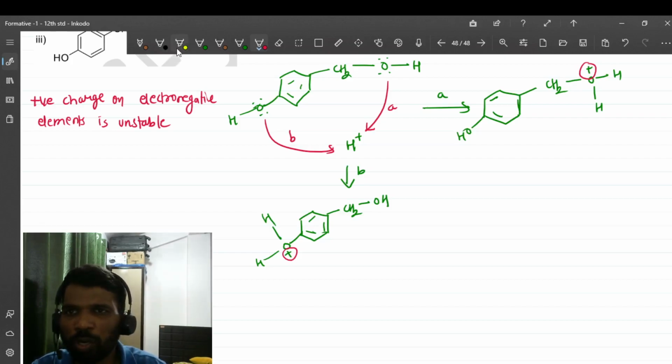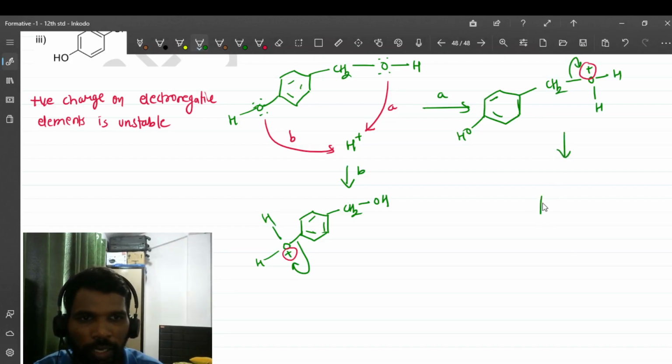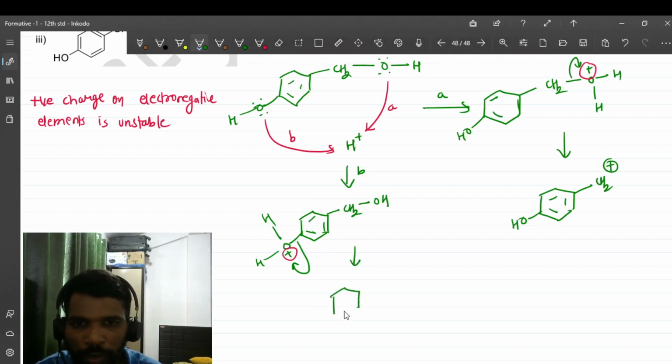So the bond should be broken, right? So which bond? Let's say if this bond is breaking over here, and obviously this bond will break over here, right? In both cases, a carbocation will be formed. Here, let's understand that this is a carbocation which will be formed, CH2 plus and OH. And what carbocation will be formed here?